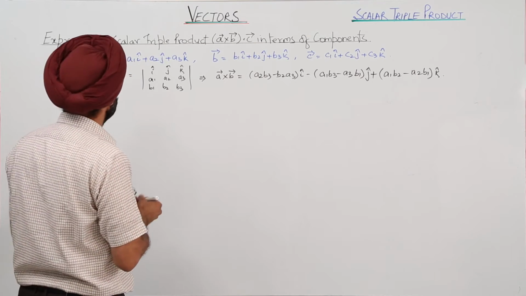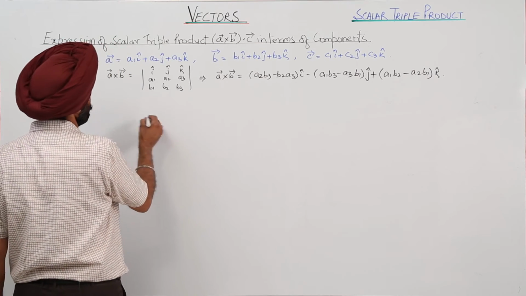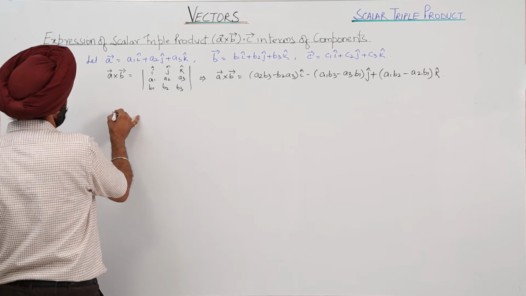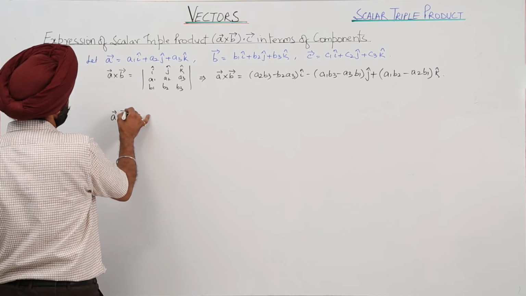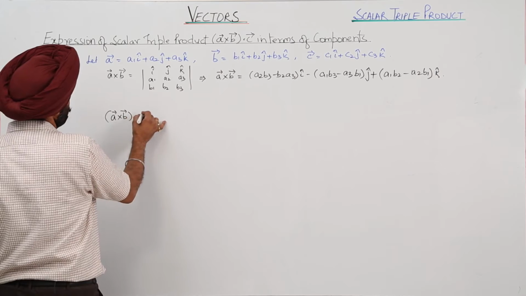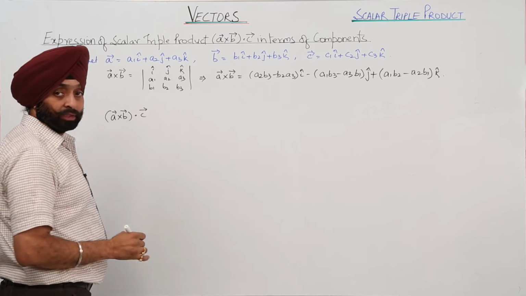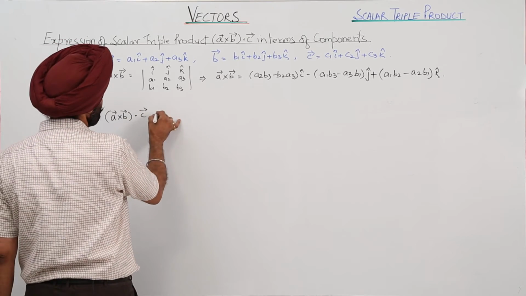Now we are having vector A cross vector B with dot product of vector C. Now this implies what?